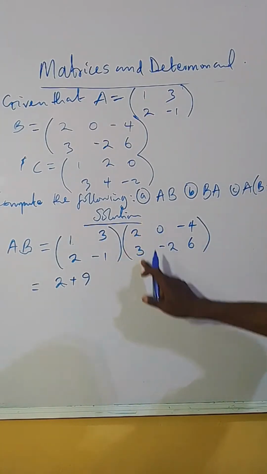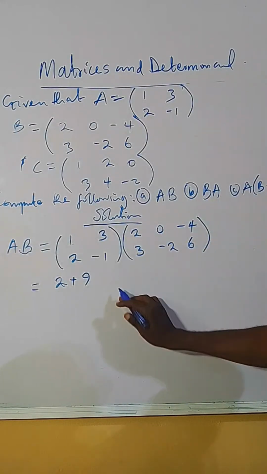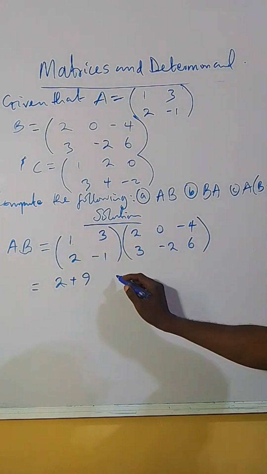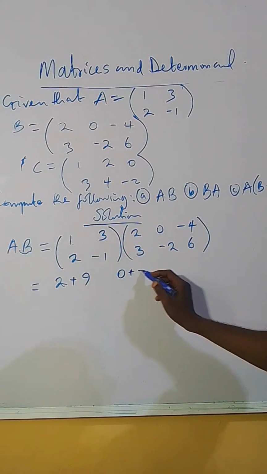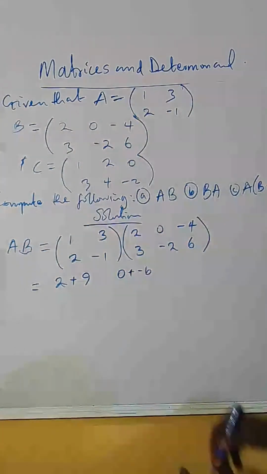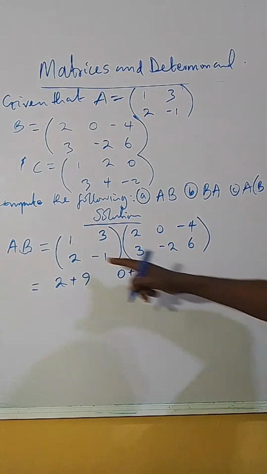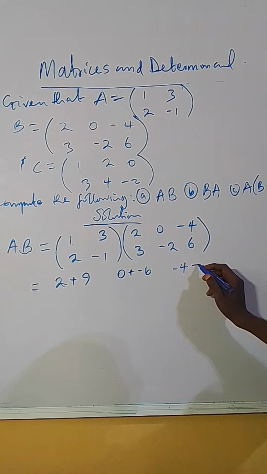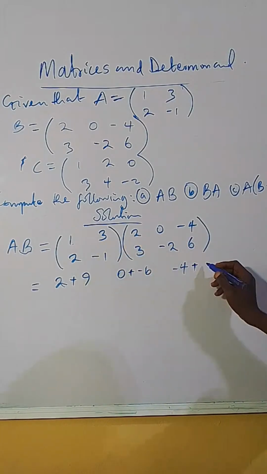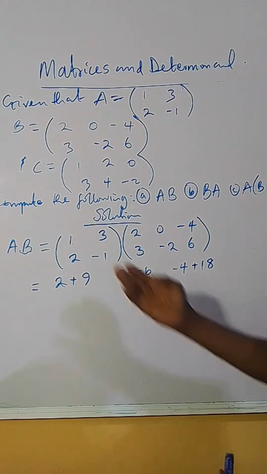We are done with this column. Use the same row for the next column: 1 times 0, that's 0, plus 3 times minus 2, that gives minus 6. Then 1 times minus 4, that's minus 4, plus 3 times 6, that's 18. We are done with that row.